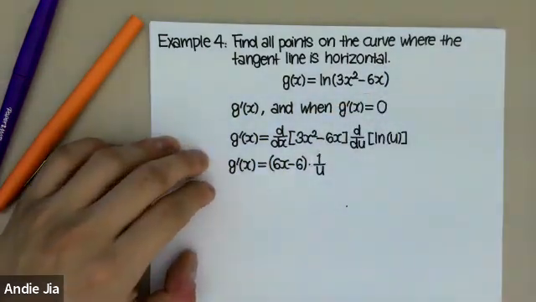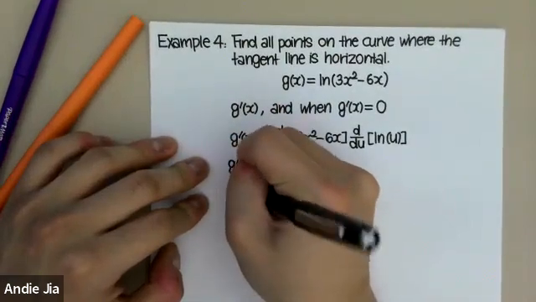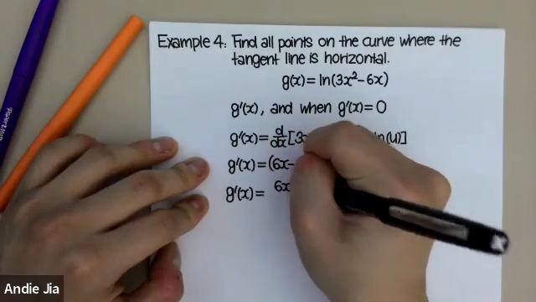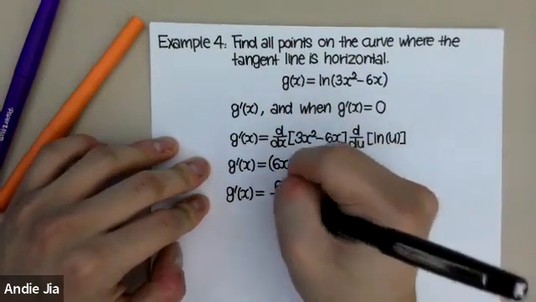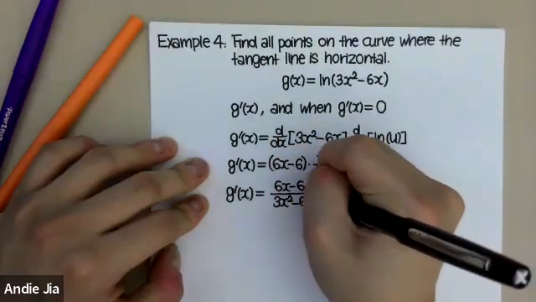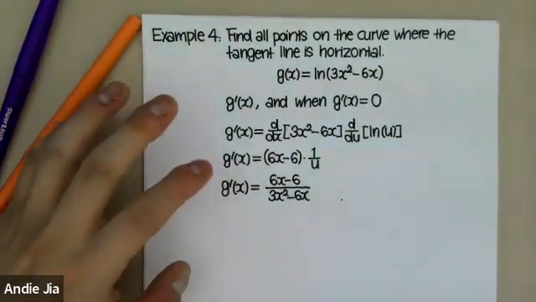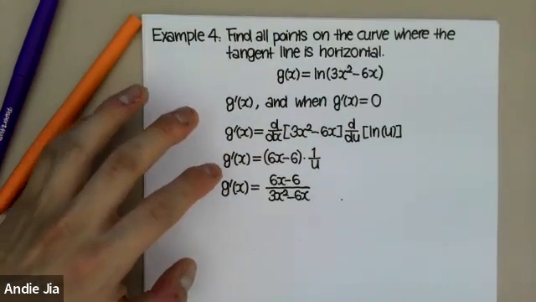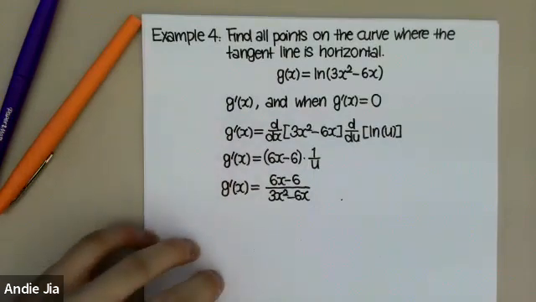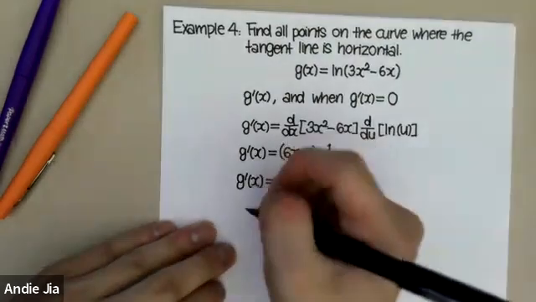So g prime of x is 6x minus 6 over 3x squared minus 6x. If g prime is equal to 0, set the numerator to 0, since a fraction is 0 only when its numerator is 0. So at x equal to 1, the tangent line is horizontal.